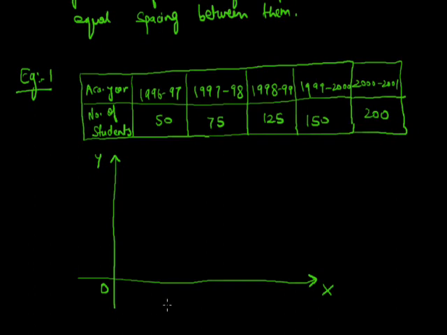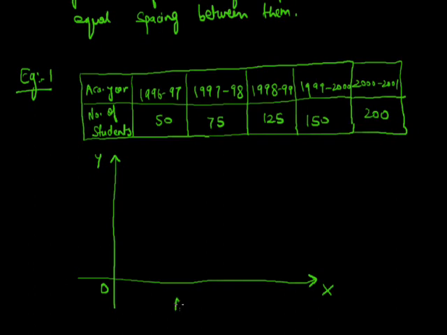Then only we will get the vertical bars. Otherwise, if you have taken number of students on x-axis and academic year or class interval on y-axis, then we'll get the horizontal bars. There is no problem in taking the horizontal bars, but vertical bars are easier to analyze, and will sometimes look good also. So that's why we'll prefer vertical bars.